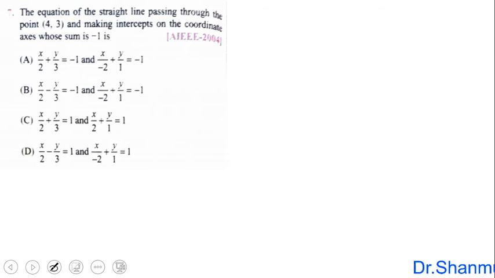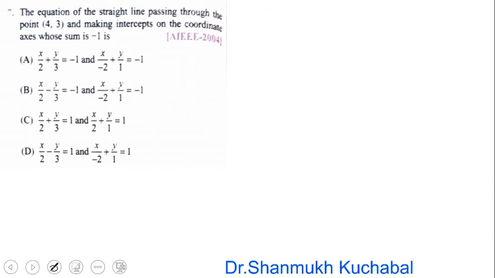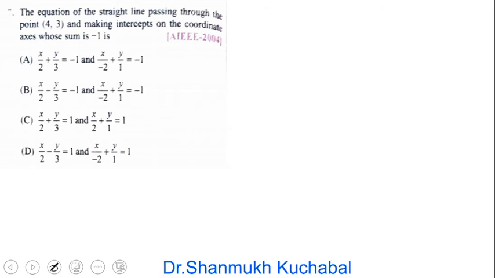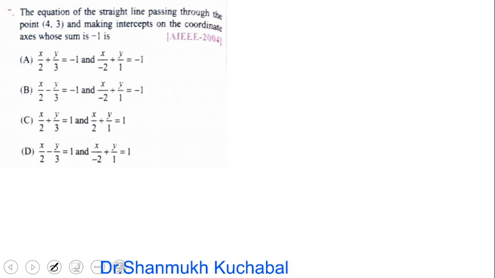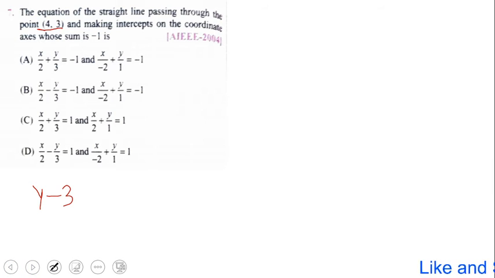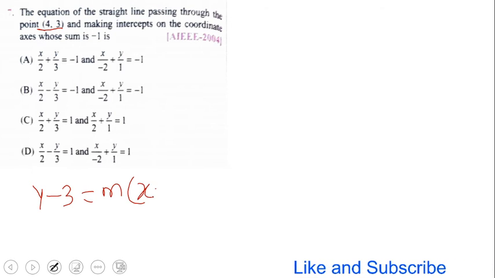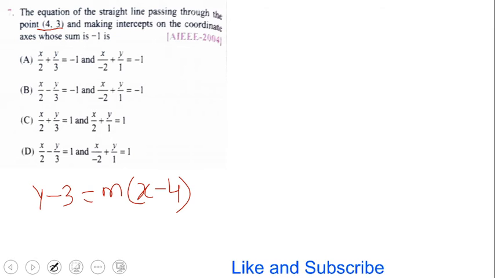Okay, we'll move to our next example. The question is: the equation of a straight line passing through the point (4, 3), making intercepts on the coordinate axes whose sum is minus 1, is. So let the equation be y minus y1, where y1 is 3, equals slope, which we don't know, times x minus x1, where x1 is 4.